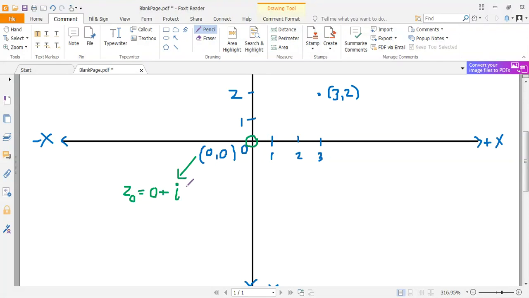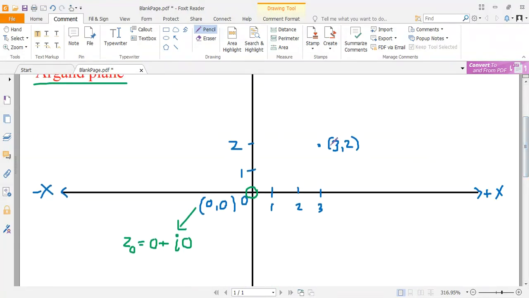This is a complex number too. It's a real number too. I am not denying that, because the imaginary part is 0, which essentially means that it doesn't have an imaginary part, but this is still a complex number actually. So we can represent the complex number 0 plus 0i on the Argand plane. That's the origin for everything.